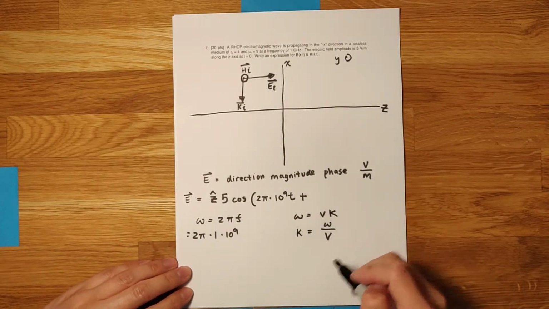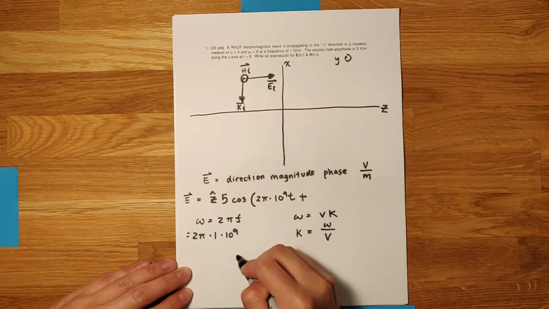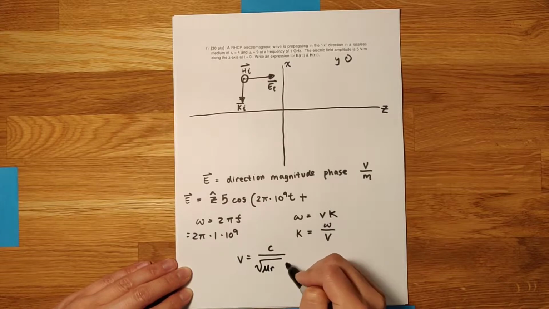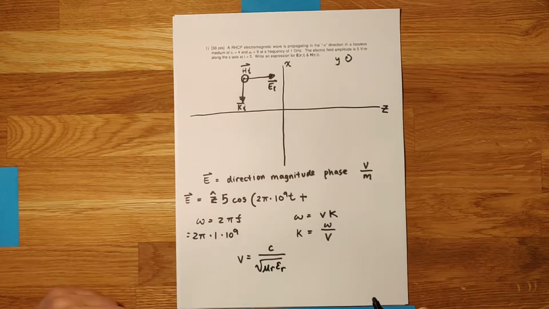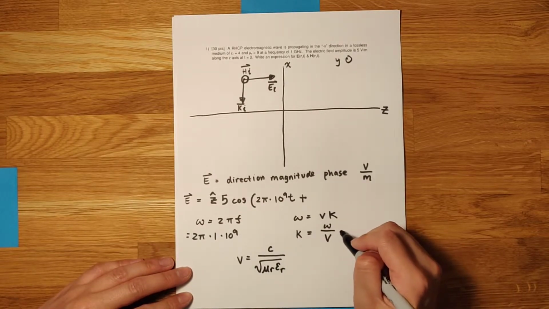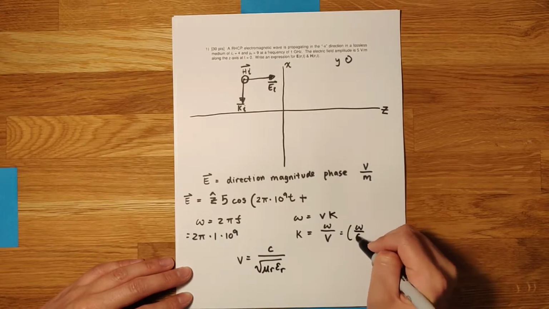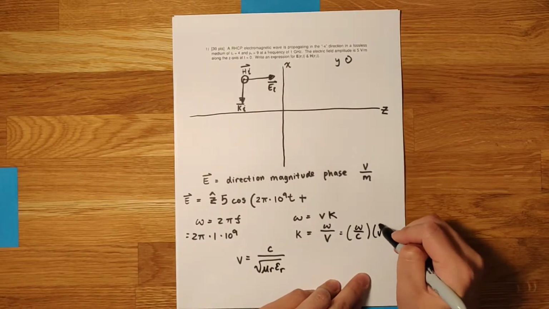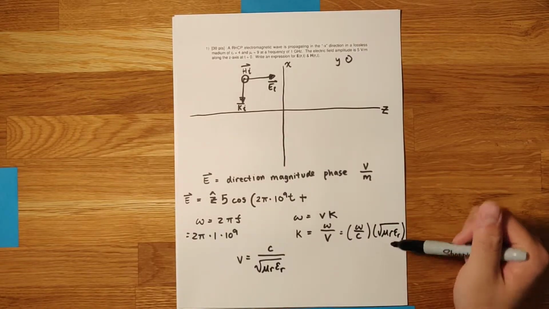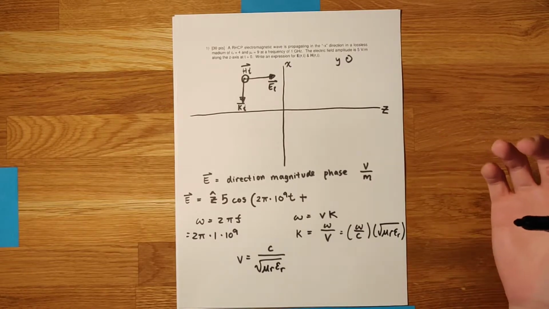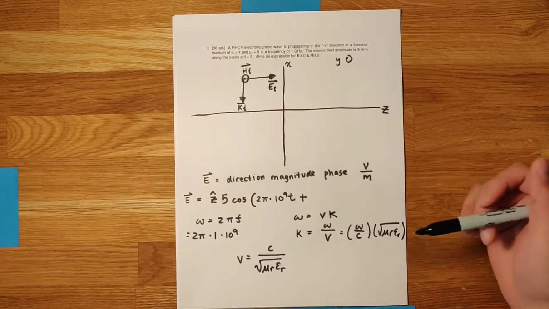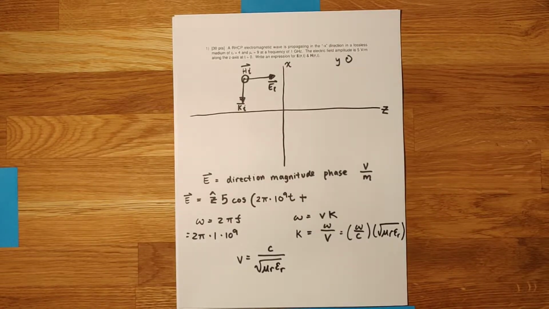Well, a more general form of V, if you don't know, is equal to c over the square root of mu r epsilon r. If you plug this in and simplify it, you will simply get omega over c times square root of mu r epsilon r, where mu r represents the relative magnetic permeability, and epsilon r is the relative electric permittivity for the material that we're working with.